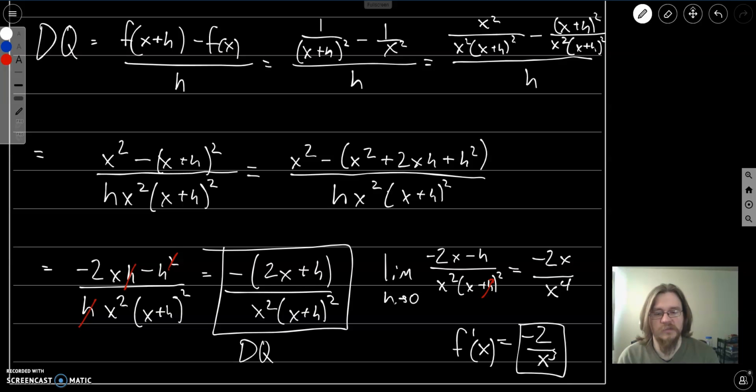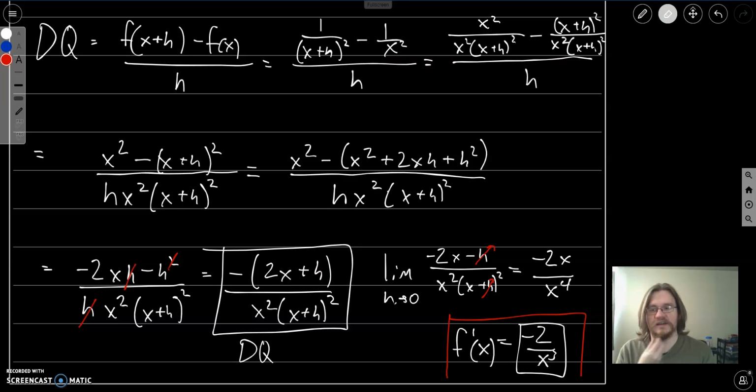When I take the limit of a rational function, a polynomial divided by a polynomial, I can just plug in h. If h here is 0, I get -2x on top. If h here is 0, I get x squared times x squared on bottom, which is x to the fourth. My x's cancel out, and that gives us our derivative.